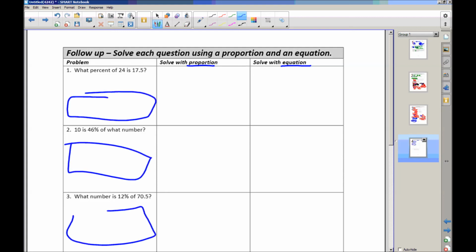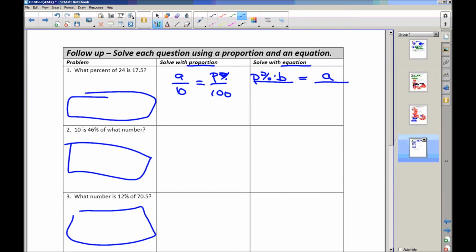That way you only have to write the sentence once. So here you solve with a proportion, and here you solve with some equation where you have two sides. Remember that is equals. Okay? So this one you're trying to get, what is this? A parts out of B is some percentage, B out of 100, and this is going to be my part is equal to some percentage times the whole.